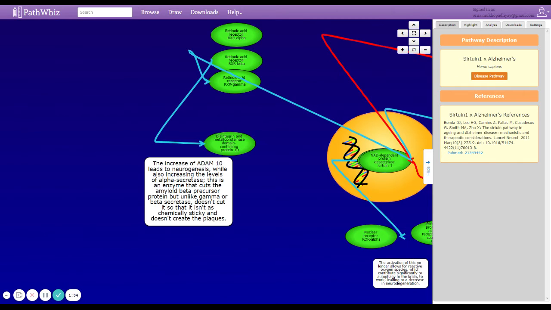However, alpha secretase doesn't actually make the plaques because whenever it cuts it, it's not as sticky as it is with gamma secretase and beta secretase. So whenever we cut up these plaques, they don't actually occur.